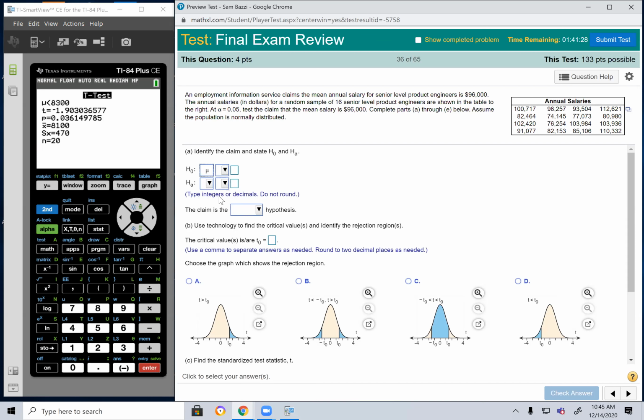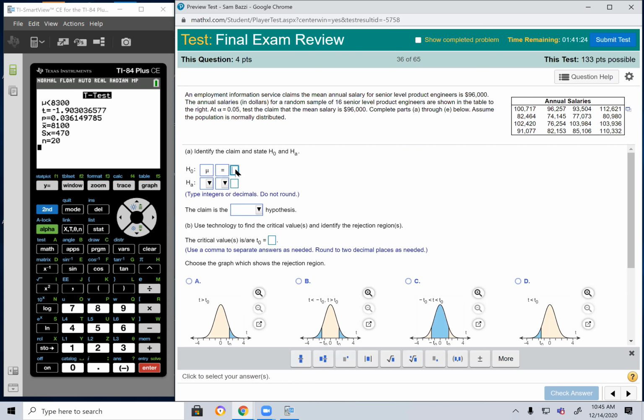So it's mean equal 96,000. And here, same thing, mean, you have to pick the variable, not equal 96,000. And you guys agree with me that the claim is in the null hypothesis. Okay, use technology.